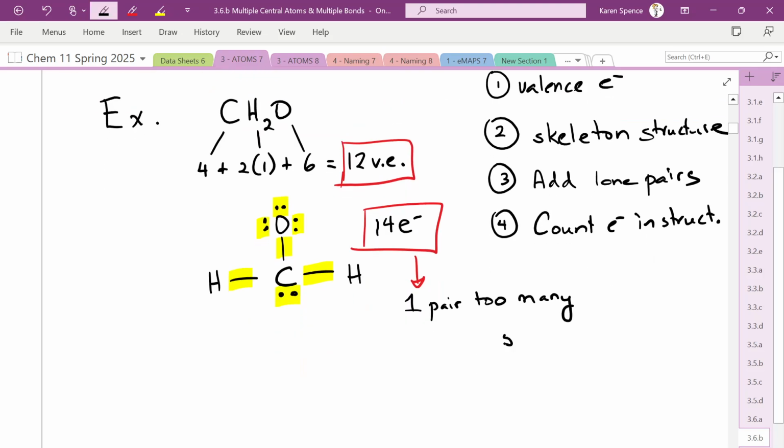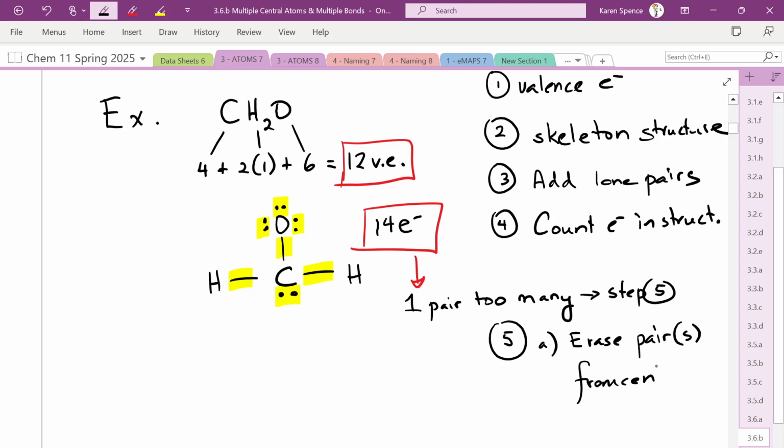Step 5, you are going to A, erase pairs from the central atom. In this case, you are going to erase how many pairs? 1 pair, okay?